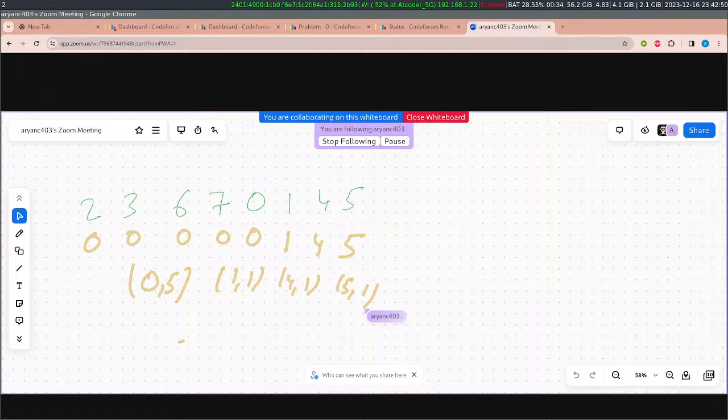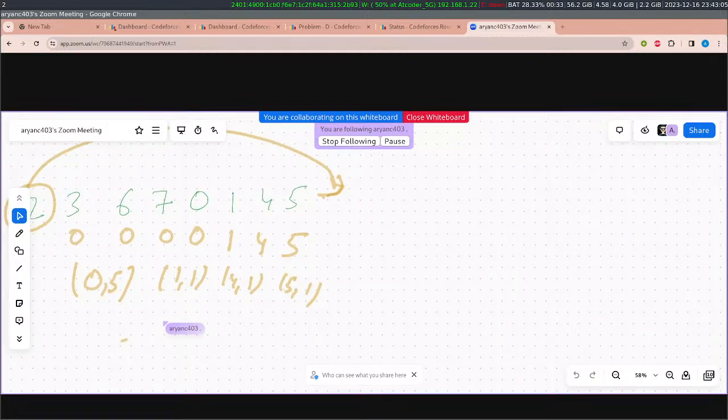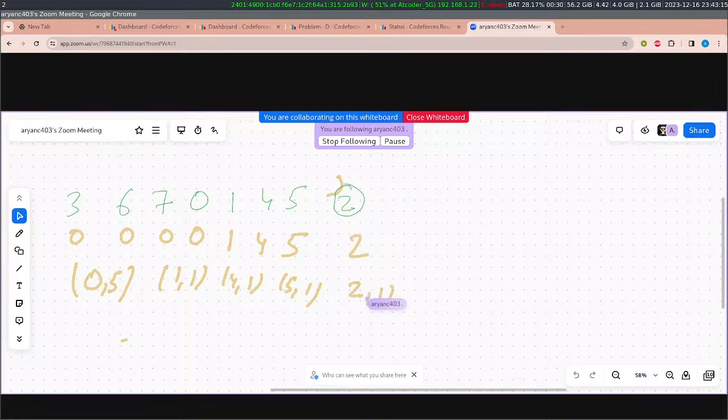Let's see what happens when we cyclic shift and move 2 to the last. Once we move 2 to the last, the new compressed array becomes 0 4 times, 1 1 time, 4 1 time, 5 1 time, 2 1 time.